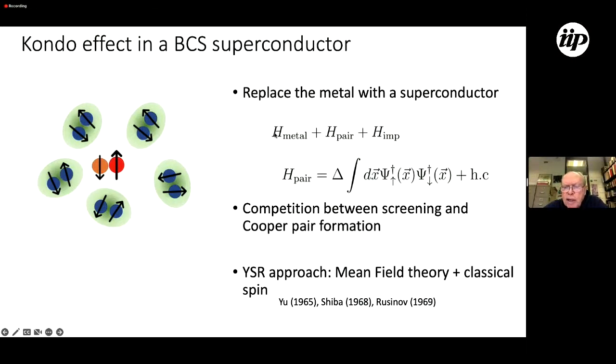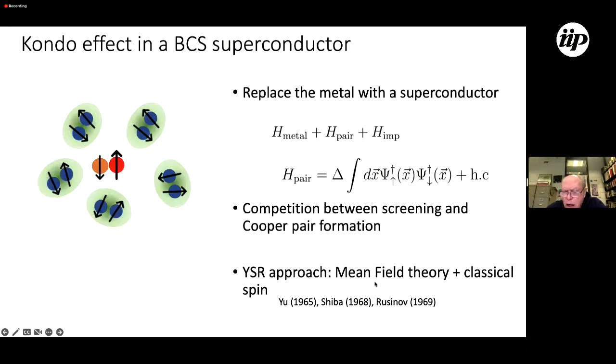Now the Hamiltonian has, in addition to the metal and an impurity, also a pair interaction which drives superconductivity. So we have here psi dagger up, psi dagger down. This is the Cooper pair, and delta is the gap. And this represents the theory in BCS mean field theory. So now we have a competition between the screening and Cooper pair formation.